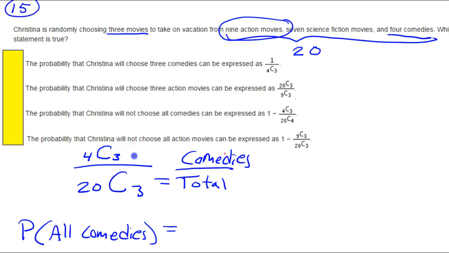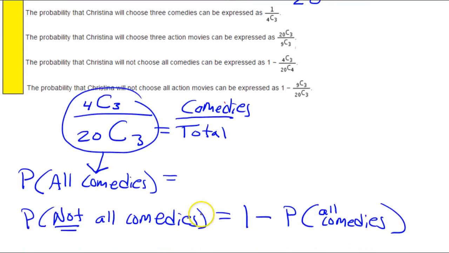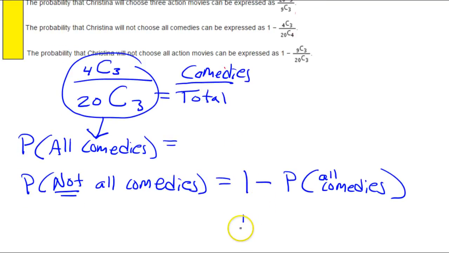So 4 choose 3 out of the total number of ways that we could choose 3 movies. So target over total. This represents the probability of all comedies. If we want not all comedies, we need to do 1 minus this.